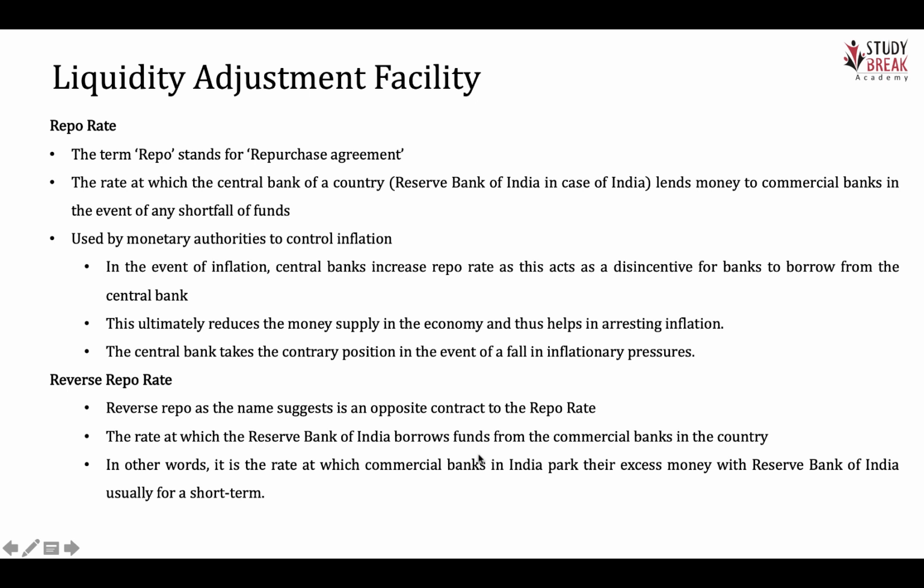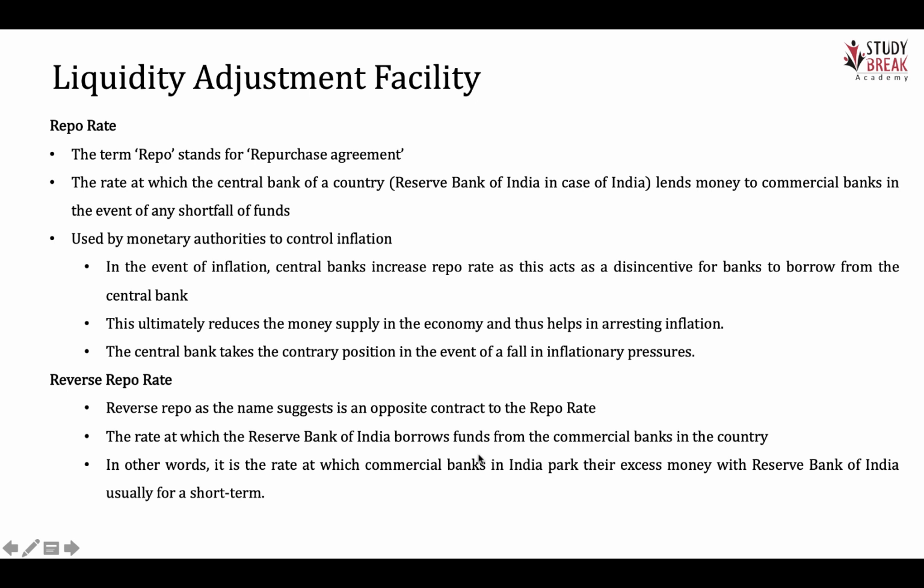People will be ready to buy more things because they have more money in their hands. So what will RBI do in this case? In this case, RBI will increase the repo rate, and say that if you want to borrow money from me, then you'll have to give me some extra interest. This acts as a disincentive for banks to borrow from the central bank.